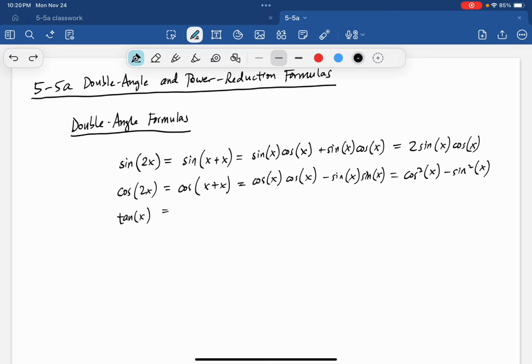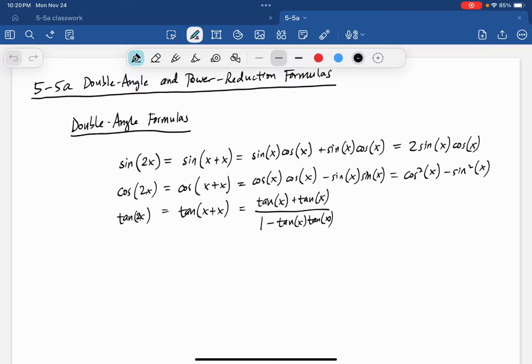And then tangent of 2x is tangent of x plus x, which is equal to, right, tangent x plus tangent x in the numerator, all over 1 minus tangent x times tangent x, right?